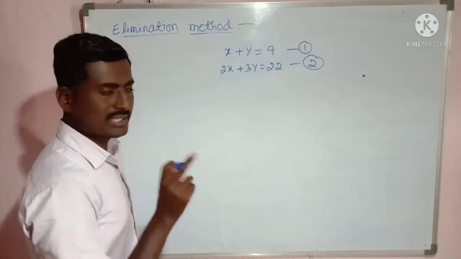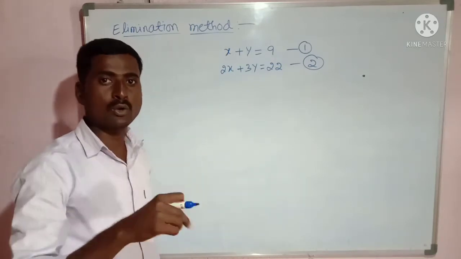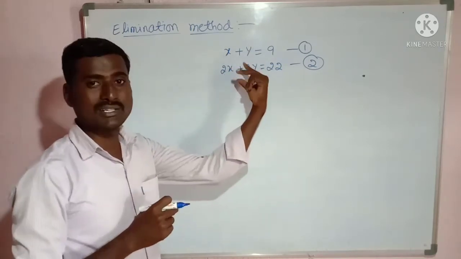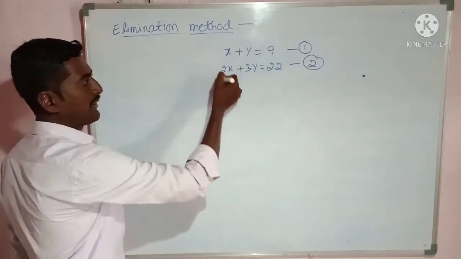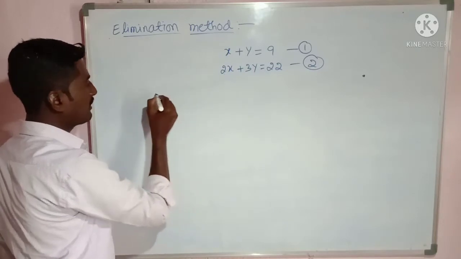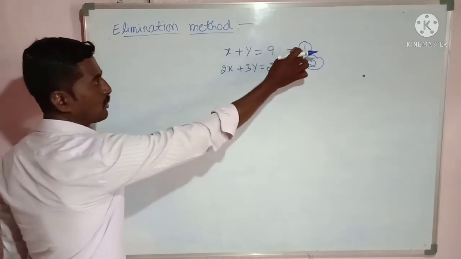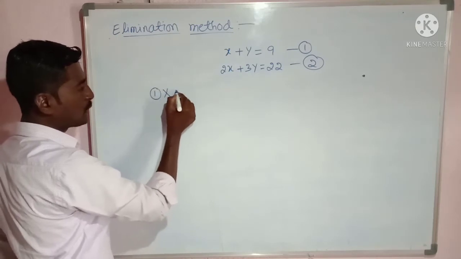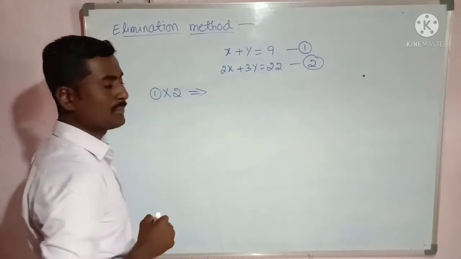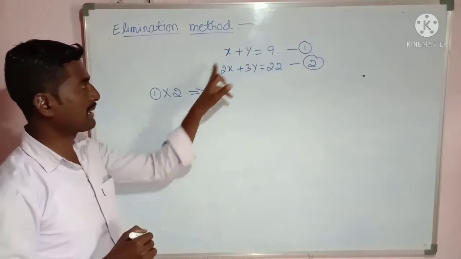So you just make the coefficient of x or coefficient of y in these two equations the same. So now I will make the coefficient of x the same. For that, I will multiply equation number 1 by 2.